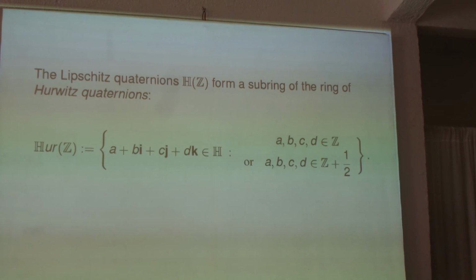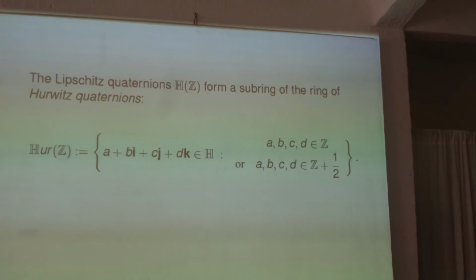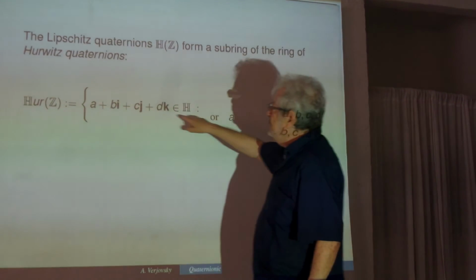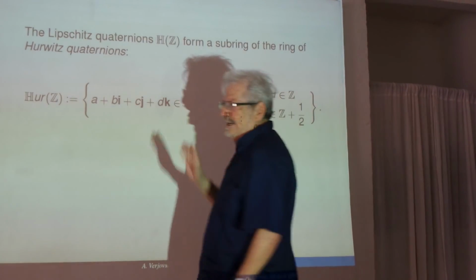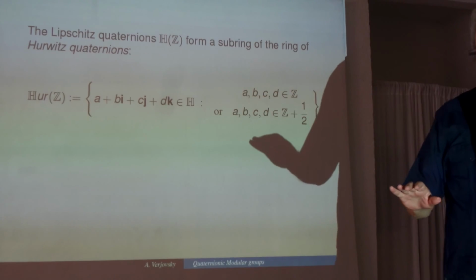And actually, the Lipschitz quaternions are a subring of a more important, impressive ring that I heard about when I was little and thought was useless. It's beautiful. It's the set of the Hurwitz quaternions. Two great mathematicians invented these, Lipschitz, who also gave us the Lipschitz constant, and Hurwitz. It consists of all quaternions where a, b, c, d are either all integers or all half integers.